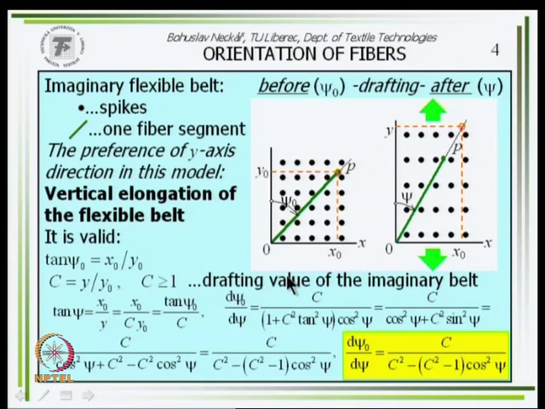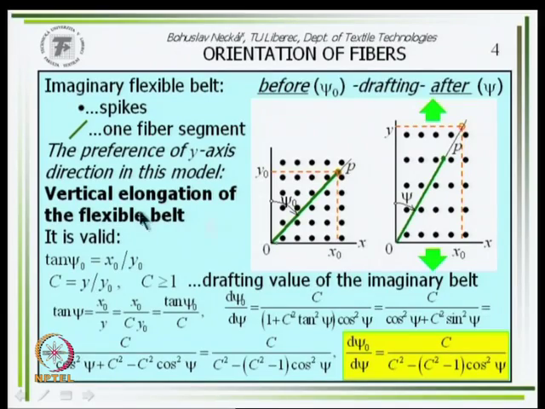In traditional spinning technology, we know the quantity drafting value, which is a ratio. In our case, it means y by y0. Let's use this quantity as a degree of elongation of our imaginary belt.